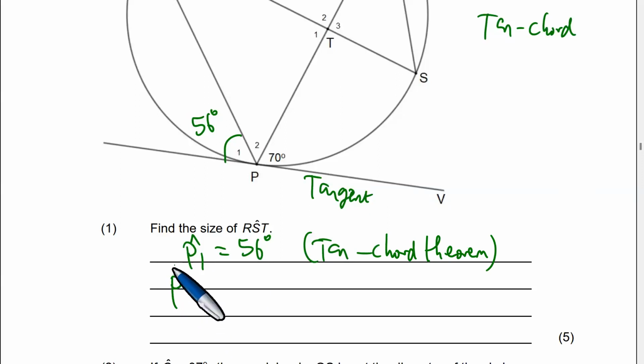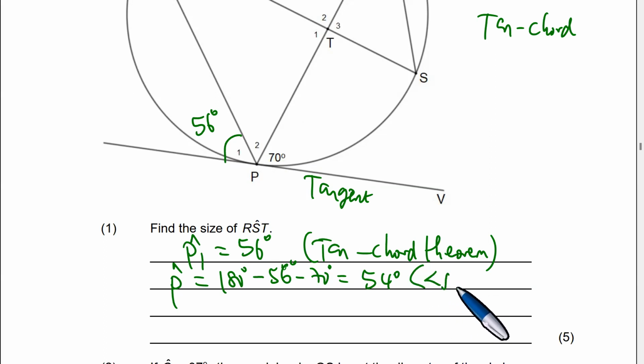Because these are angles on a straight line, P2 is 54 degrees. So when you add this plus this plus this, you get 180.